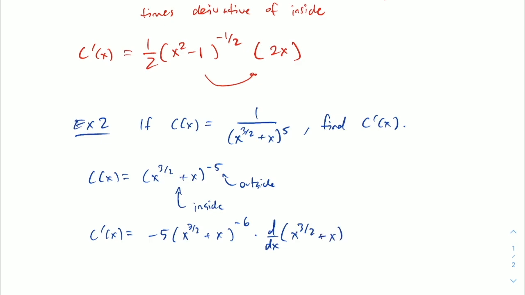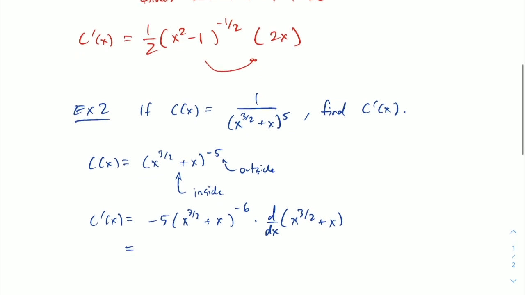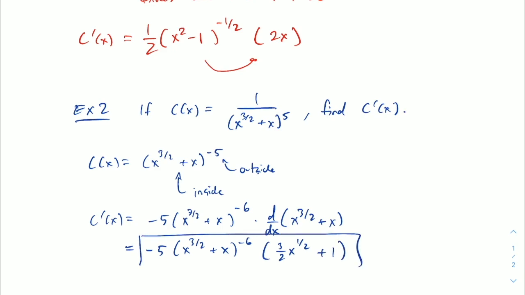I'm going to show my work here by just writing d/dx and then doing that derivative in the next step. All right, so the derivative of x to the 3/2 is 3/2 x to the 1/2, and the derivative of x is 1. And so now I have my answer.